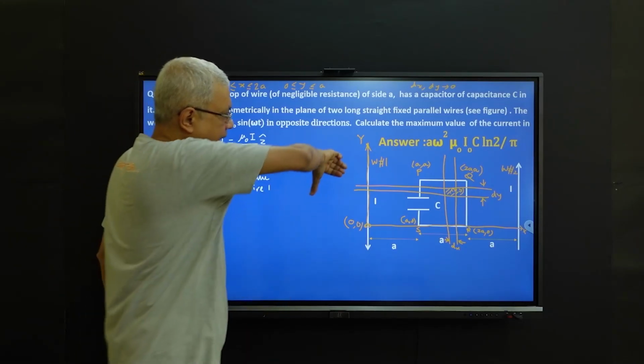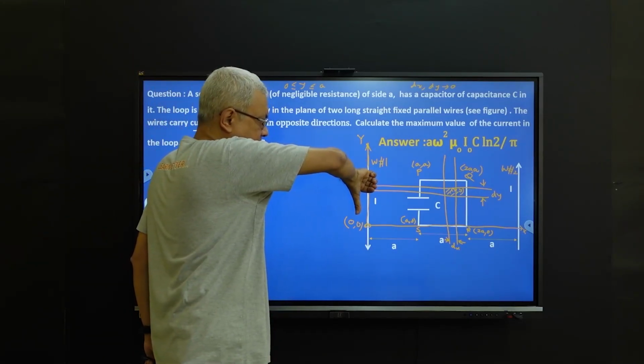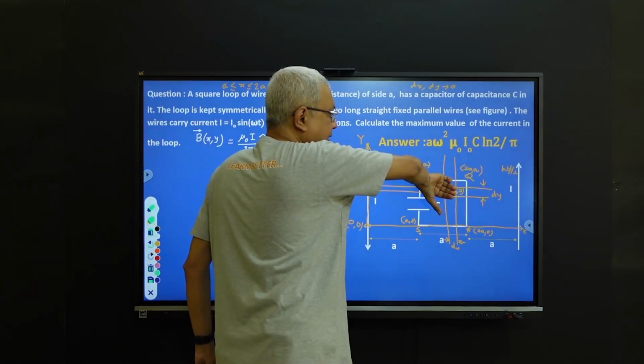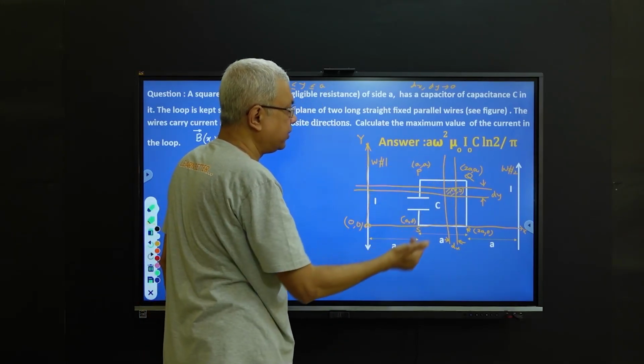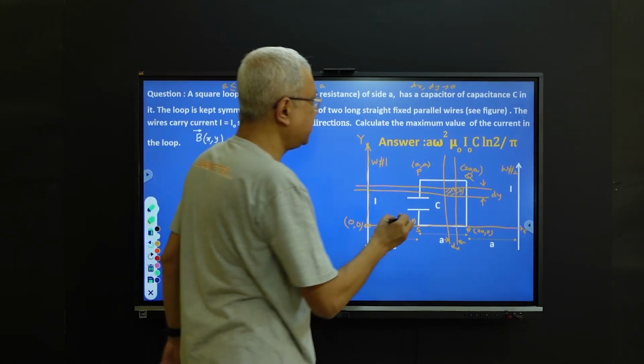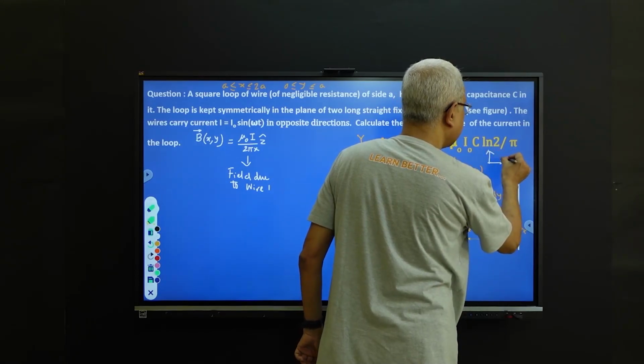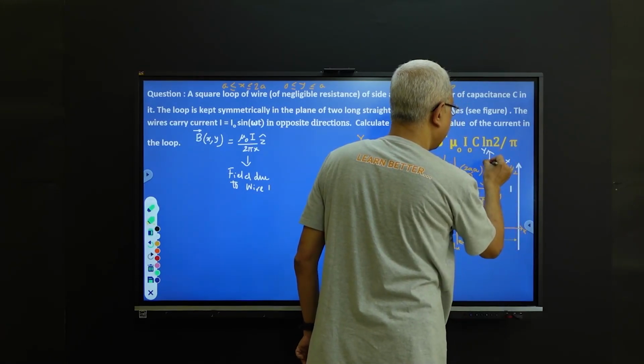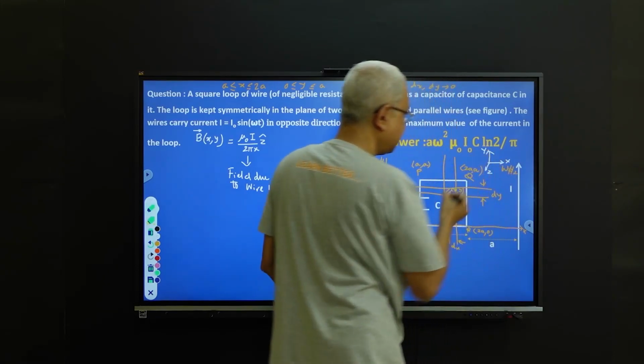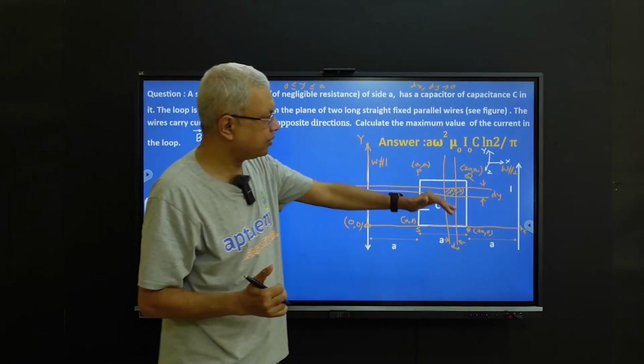Current is flowing in this direction, and at this point the magnetic field will be coming out of the plane of the board, and we are considering a coordinate system xyz. This is x-axis, this is y-axis, and z-axis is perpendicular to the plane of the board.